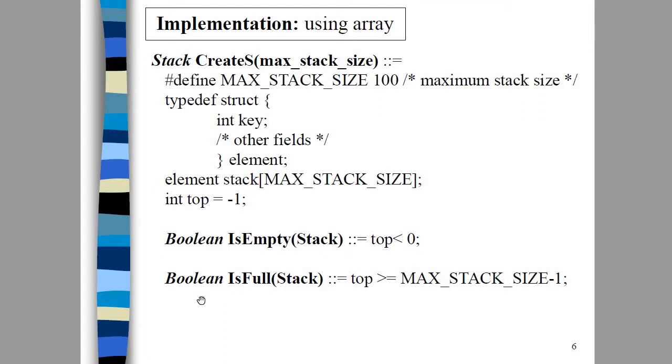If top pointer is -1, we will return true, otherwise we will return false, because this function is going to return a boolean value. Then for the logic of checking whether the stack is full, we check if the top pointer has reached the maximum size of the stack. Then we will return true, otherwise we will return false.